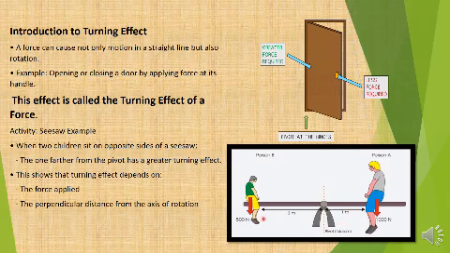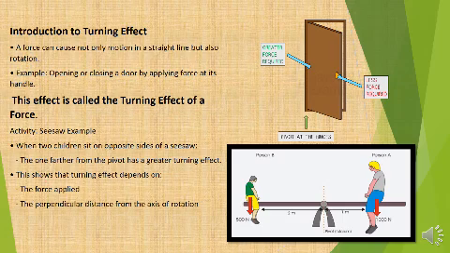When these two are sitting at the opposite sides of the seesaw, the one who has a greater distance, or who is sitting farther, is producing a greater turning effect. So we can say that with the help of this example, we can show the turning effect depends on the force applied and the perpendicular distance from the axis of rotation.